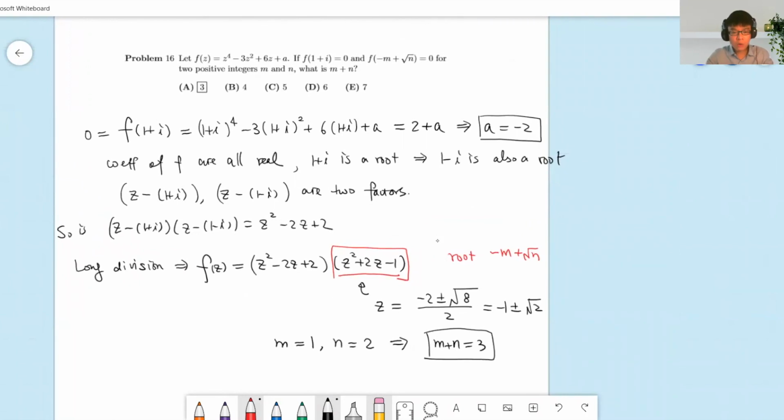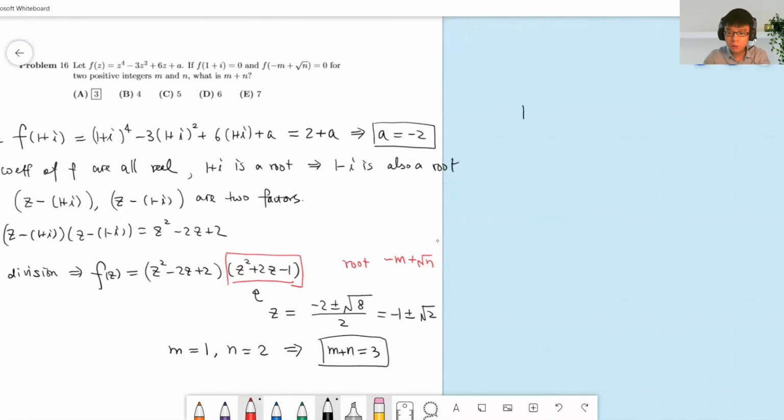Here, we can also use Vieta's formula. Let me quickly mention method 2 using Vieta's formula. Because we have real coefficients and integer coefficients, that means the following.